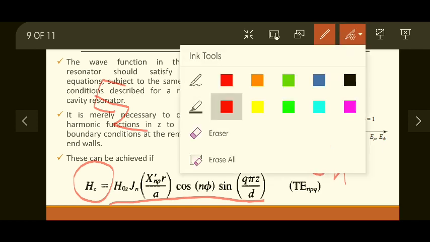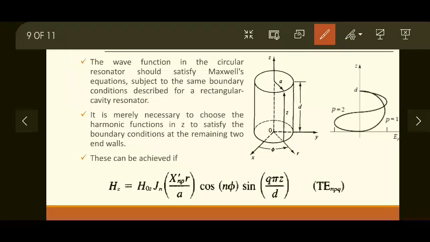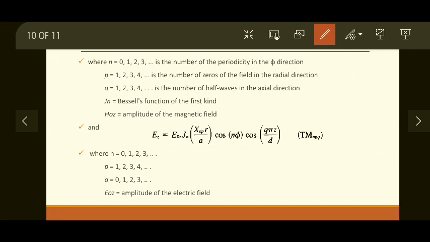equation. Similarly to the rectangular cavity resonator, n, p and q are the number of half wave periodicity in different directions, phi, rho and z. If you observe, p and q start from 1, n starts from 0.